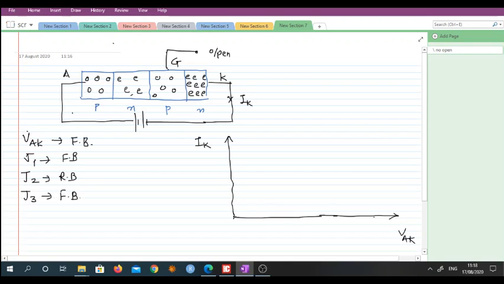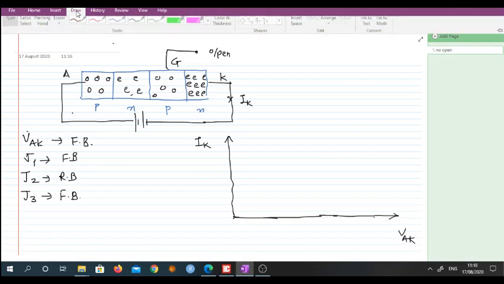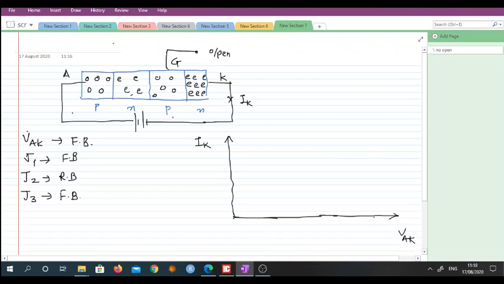If I go on increasing the potential on this side, then up till some potential level, let me mark it here, let's say this potential level, the current is very small, in nano or micro amperes. Why is it so?